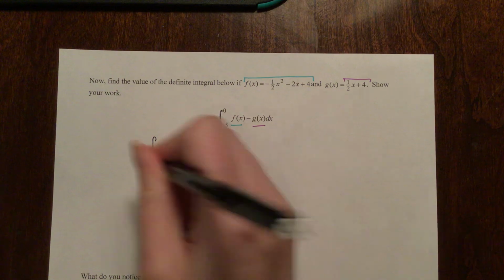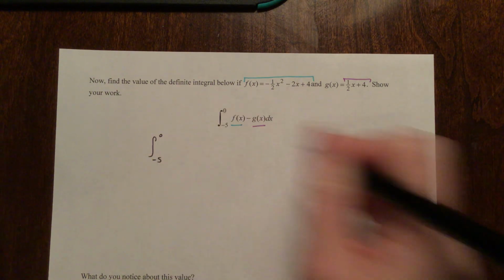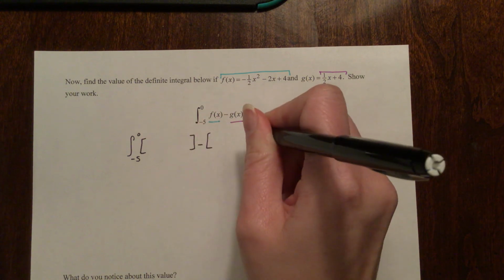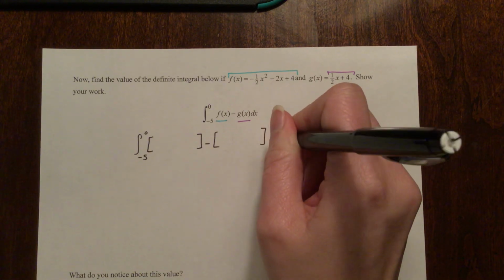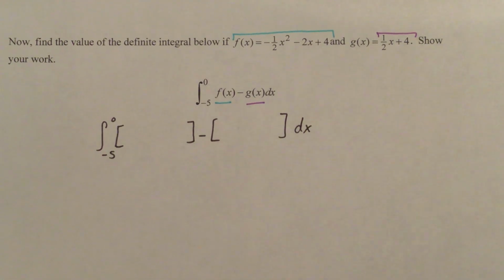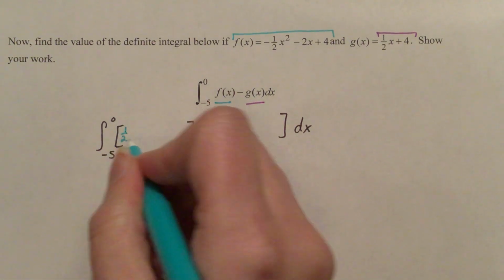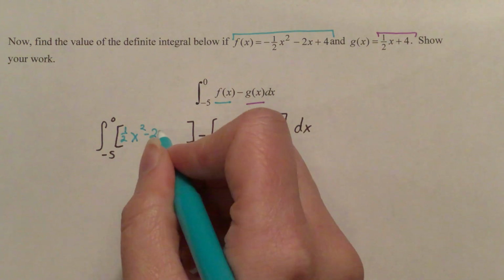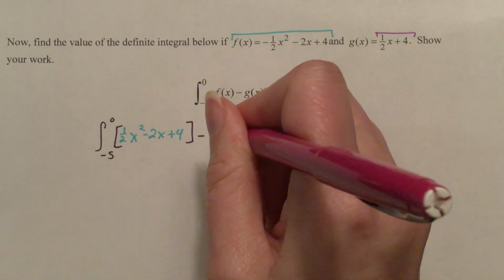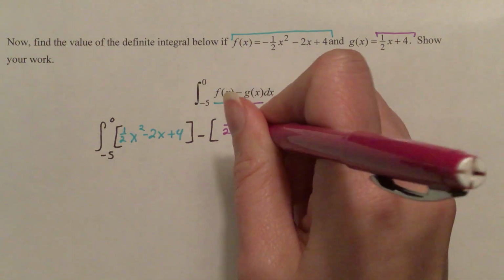We got this integral from -5 to 0 of f minus g dx. Let's plug in the f of x function, 1/2 x squared minus 2x plus 4, and g is 1/2 x plus 4.